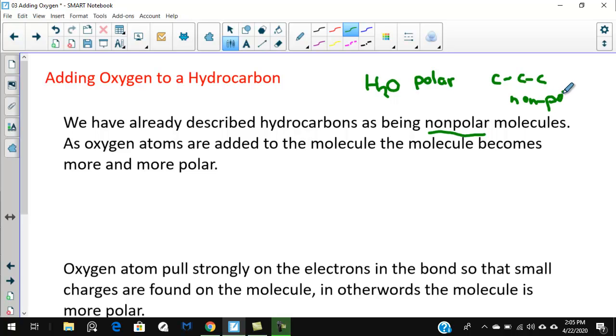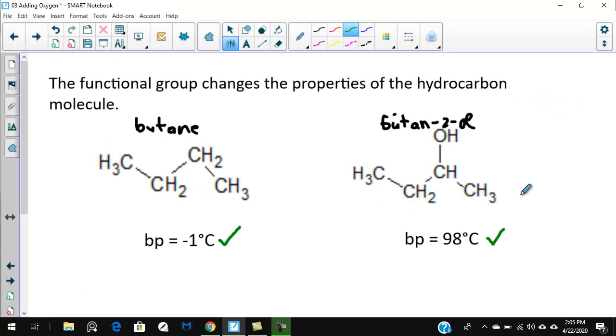So when we add oxygen to a hydrocarbon chain, one of the things we're going to do is make that molecule, whatever it was, more polar. So if we look at our example from the last slide, butanol is more polar than butane. Butane is very much a non-polar molecule.